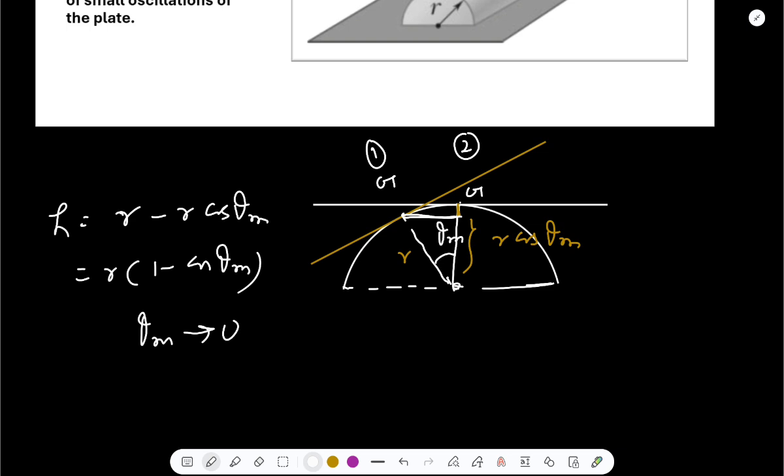So remember the expansion of cos x, and you will get the second term, as you know what to write here, so that this h will become approximately r theta m square by 2.